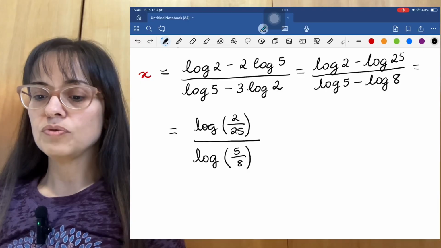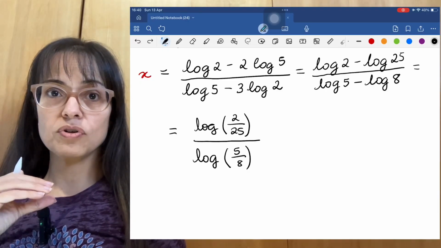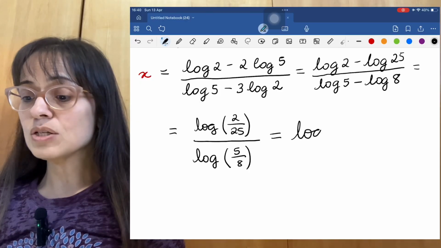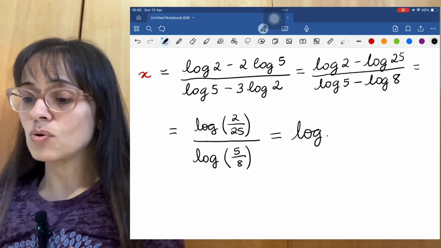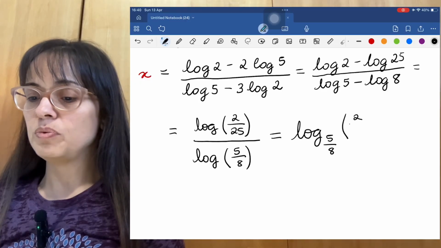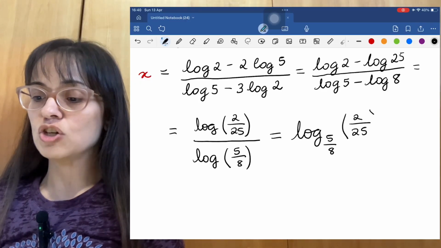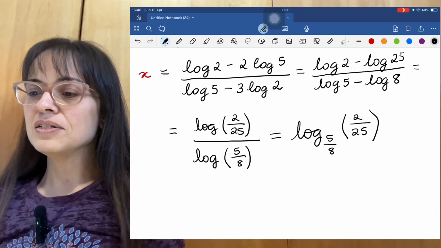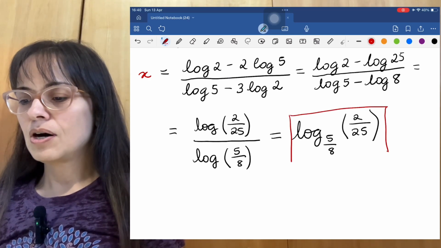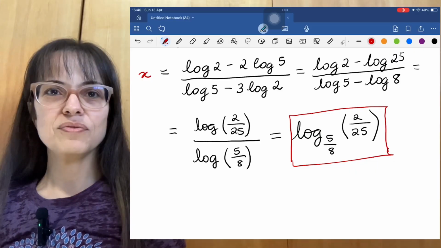The only thing that you would find there that has a log over another log is the change of base formula. So again, this is pushing it a little bit or a lot. But if you want to simplify this, the only way would be this, because now I've used the change of base formula and it turned into the log base 5/8 of 2 over 25.